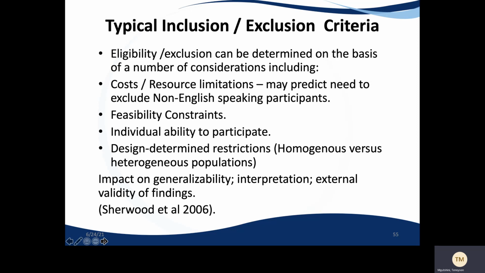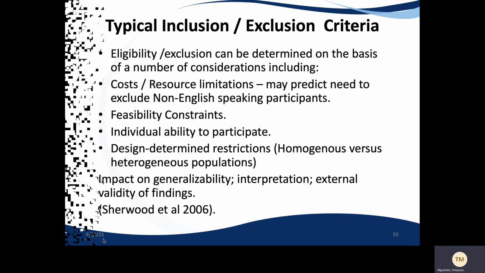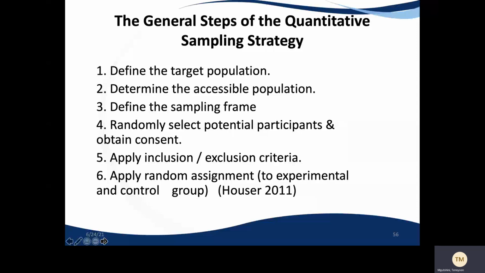And in reality, what if you make your primary target population be people who only speak English, who are this, who are that, then when it comes to how you generalize, you can only generalize to a group of people who are similar to those that you studied. And that is a particular consideration that is a central balancing act when you do this journey of introducing inclusion or exclusion criteria.